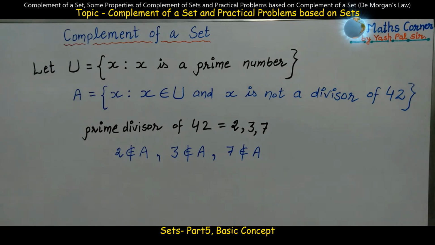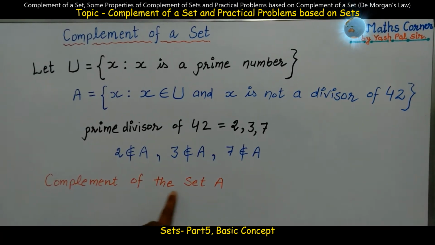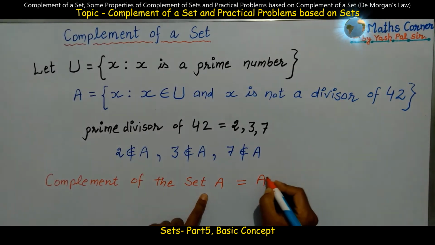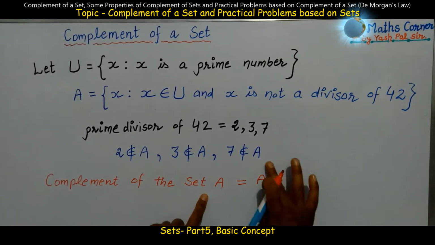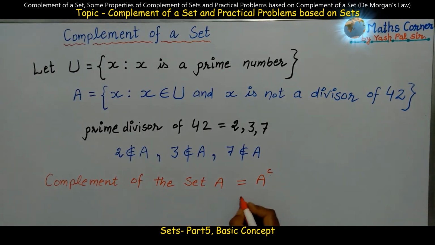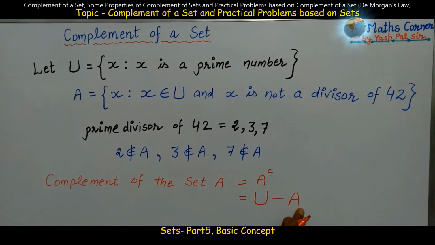The complement of the set A is written as A dash or A complement, and the meaning of this is the universal set minus the elements of set A, the difference set.